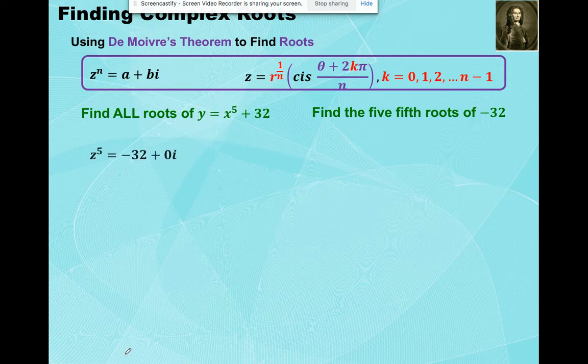So what do I say? z to the 5th is equal to negative 32 plus 0i. There's my z to the n is equal to rectangular. Take that rectangular to polars.